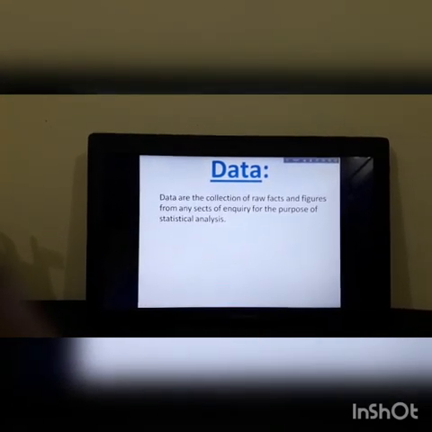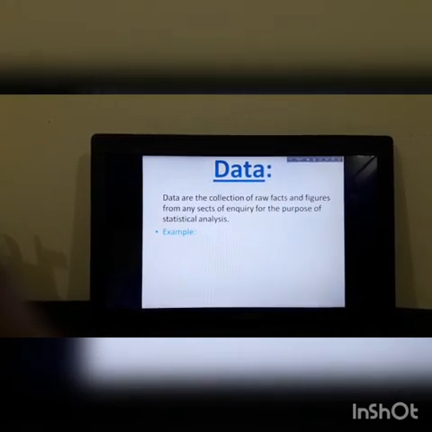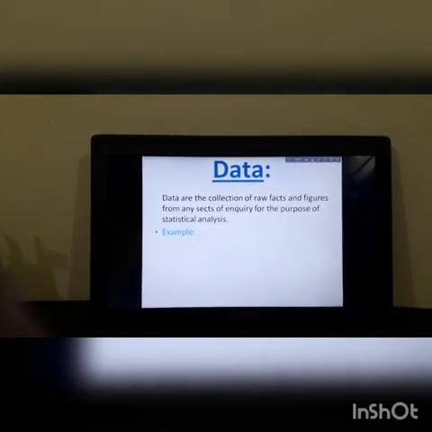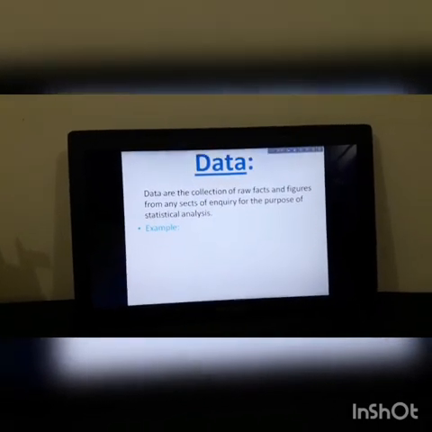Here the definition is given completely. Data are the collection of raw facts and figures from any sets of inquiry for the purpose of statistical analysis.